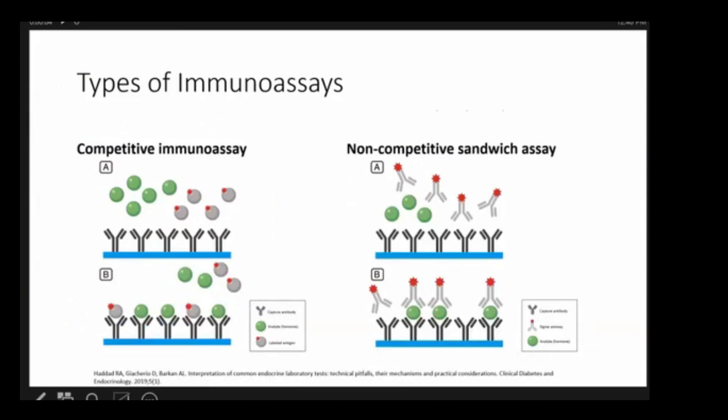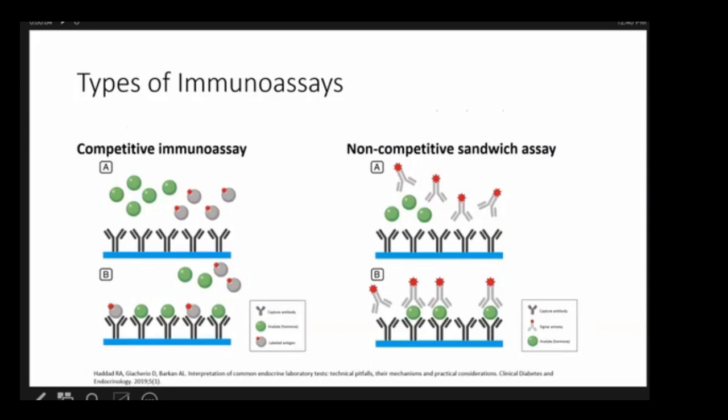Both the hormone and the labeled analyte compete for binding sites on the capture antibodies. So you can see the little green dots are the hormone from your patient's blood, and the gray ones are the labeled antigen. So basically the sample is rinsed, and both the unbound hormone and labeled analytes are rinsed off, and the remaining signal of the bound labeled analyte, so the little green dots, is measured.